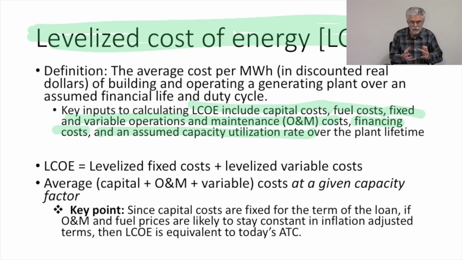Once we know those things, then we can get a sense for, if I build a plant now, what will its long-run average cost be? And so I can compare different power plants according to the average cost of operating them over their entire lifespan.